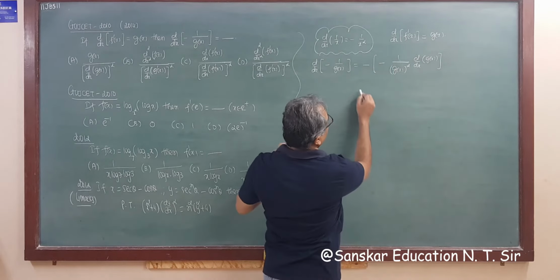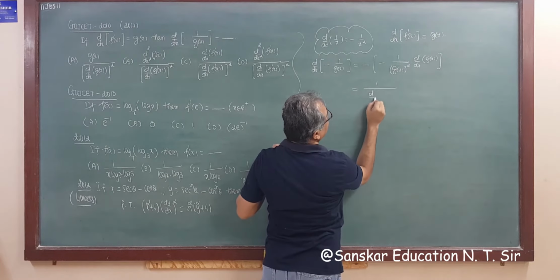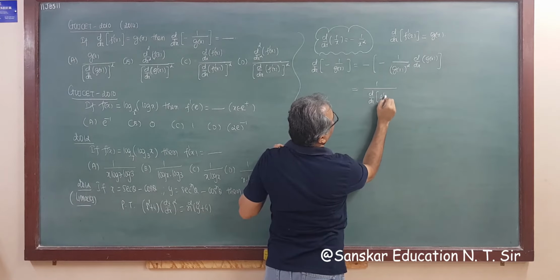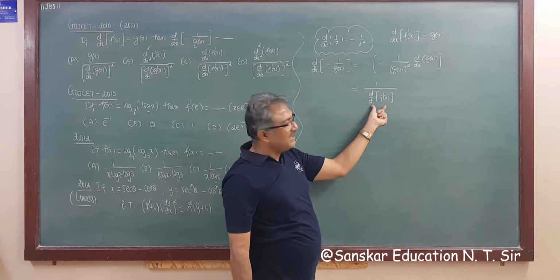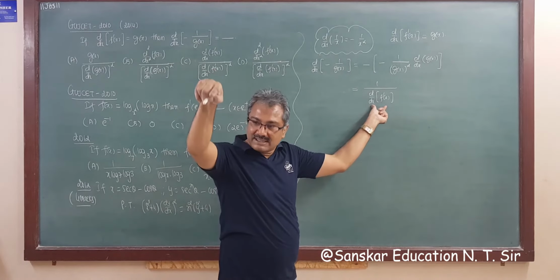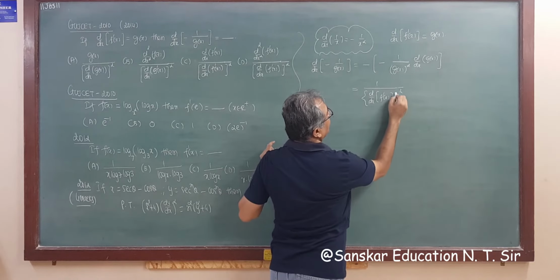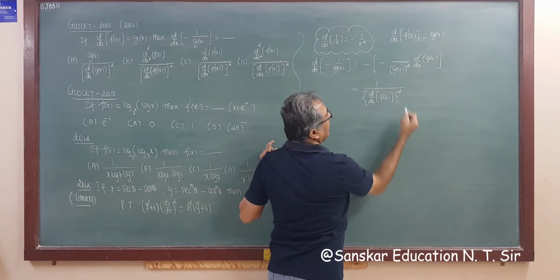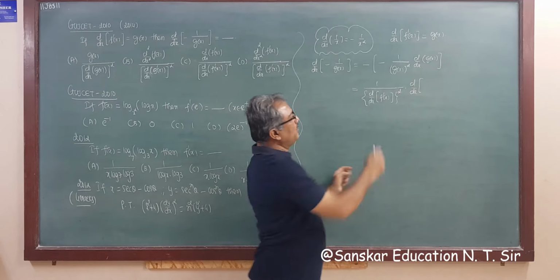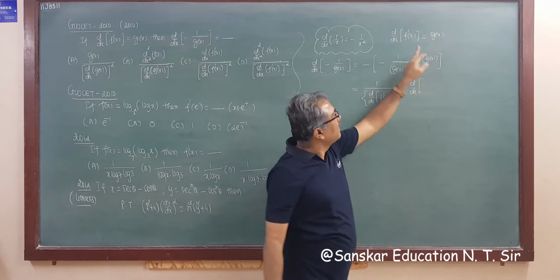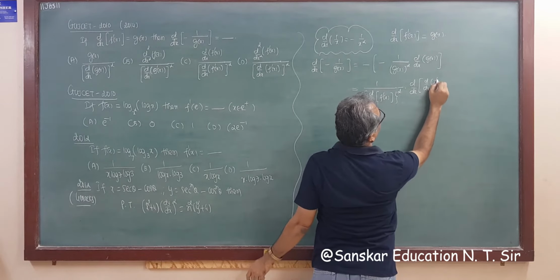So substituting this value here, minus minus becomes plus, so 1 upon g(x), where g(x) is d/dx of f'(x) whole square, into d/dx of, again substituting, g(x) which is d/dx of f'(x).